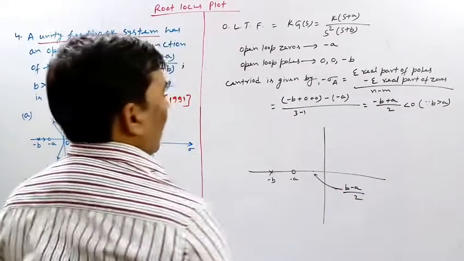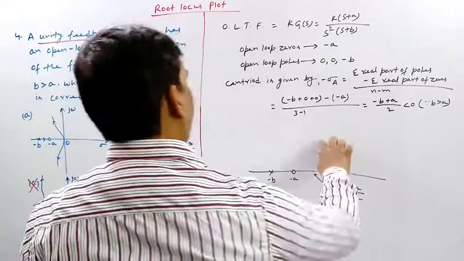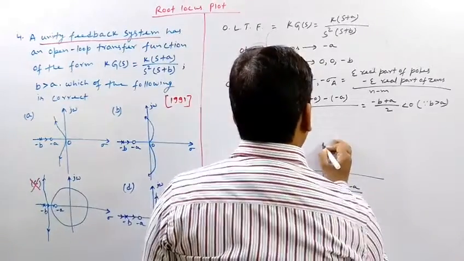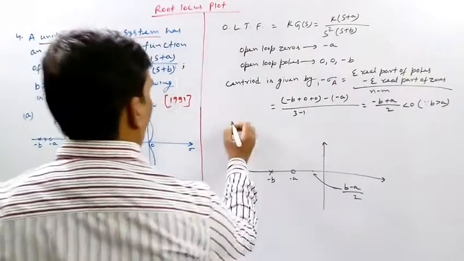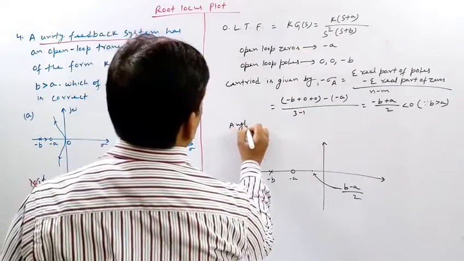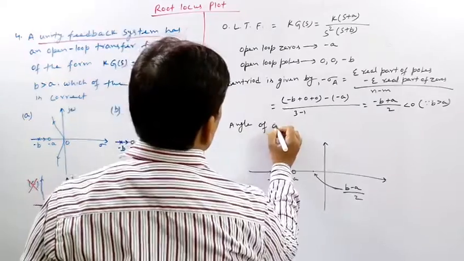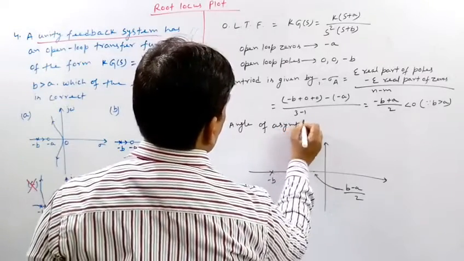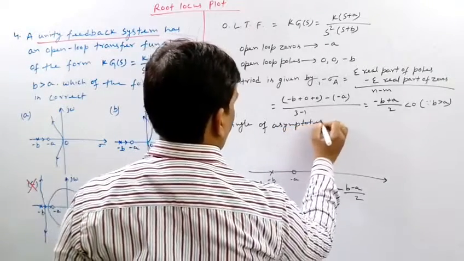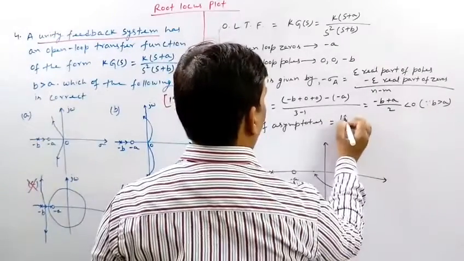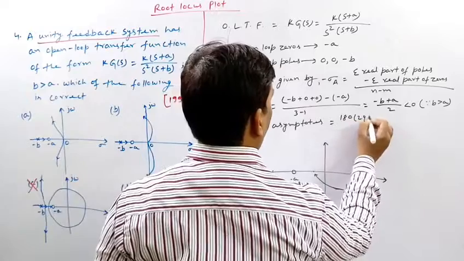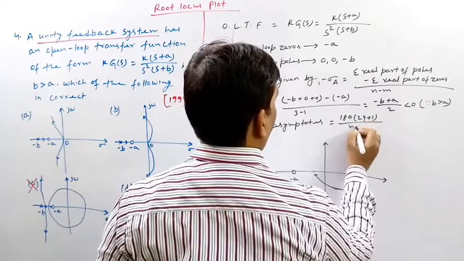And what is the angle of asymptotes? The angle of asymptotes will be nothing but 180 degrees multiplied by 2q plus 1 divided by n minus m.